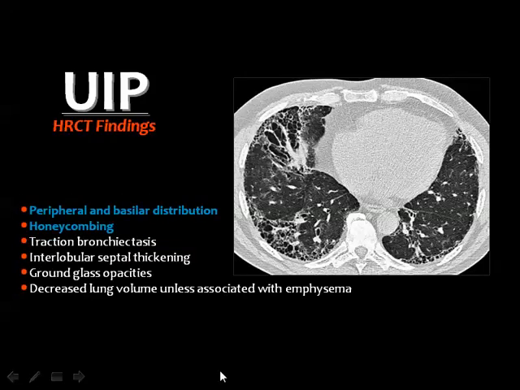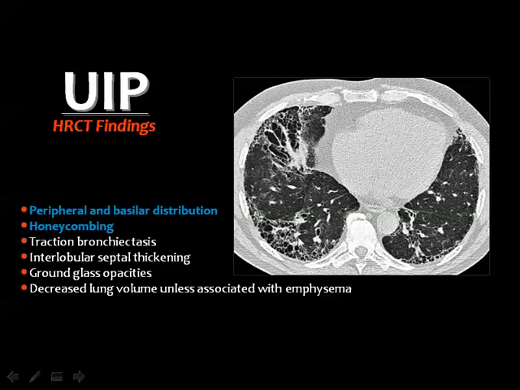How can you diagnose usual interstitial pneumonia? We have two major findings here. Actually, you should first feel that there are many linear opacities in the lung. But the two main important findings for the diagnosis of usual interstitial pneumonia are: number one, traction bronchiectasis, because fibrous tissue pulls on the wall of the bronchi, resulting in their dilatation.